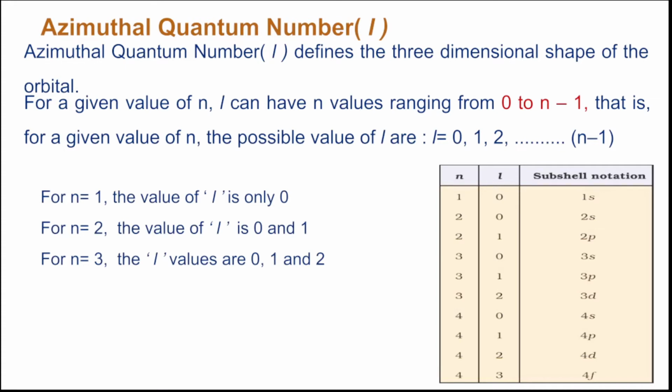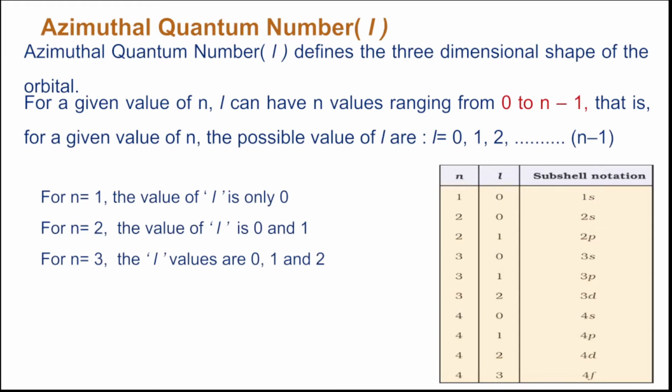And when n is equal to 3, L values are 0, 1 and 2. That means it has an s orbital, that is 3s, a p orbital, that is 3p, and it can also have a d orbital, that is 3d.